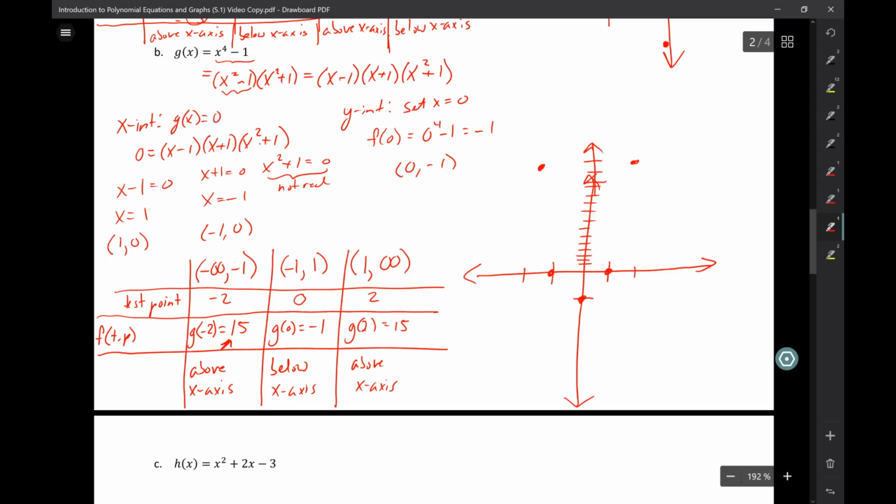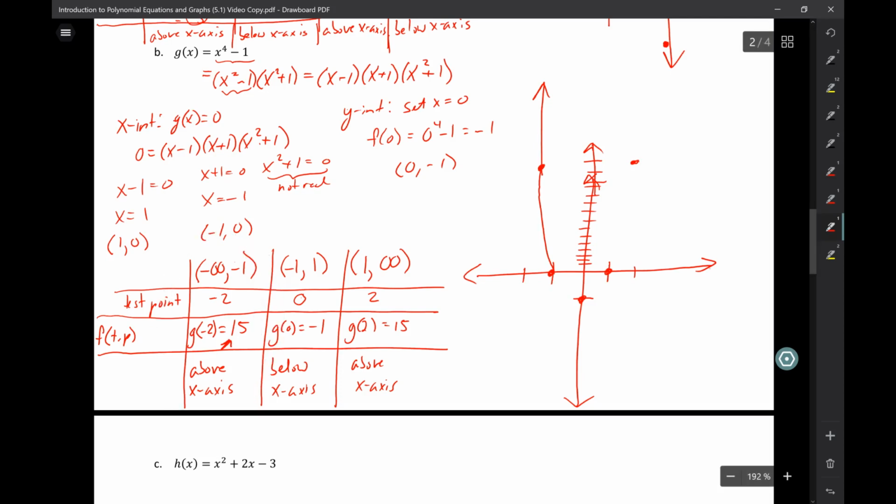Now, everywhere from negative 1 to negative infinity, we're going to be above the x-axis. So when we go from here up, it has to cross through this point, but it has to keep increasing. The reason is that if it ever decreases, it would dip below the x-axis without crossing it, because there are no other x-intercepts, and we know that's not true based on our test points.